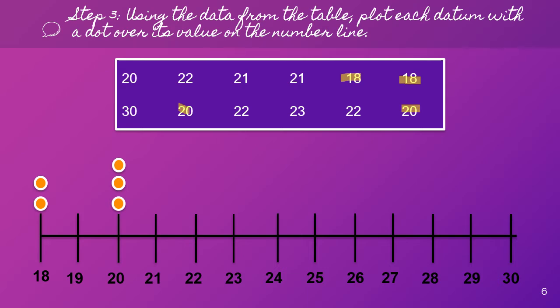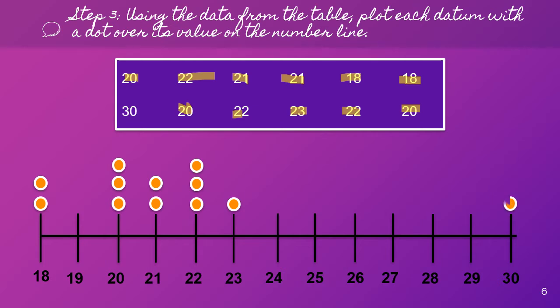For 21, we have 2 dots. For 22, we have 3 dots. Next, for 23, we have 1 dot.